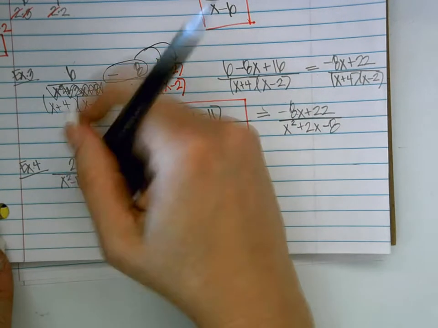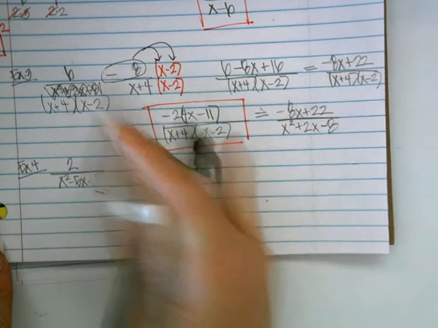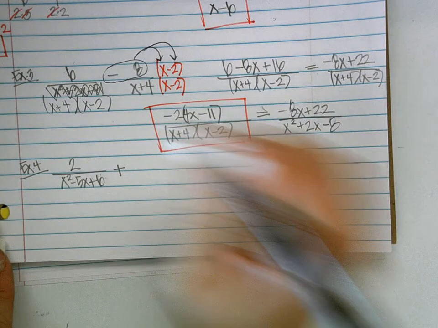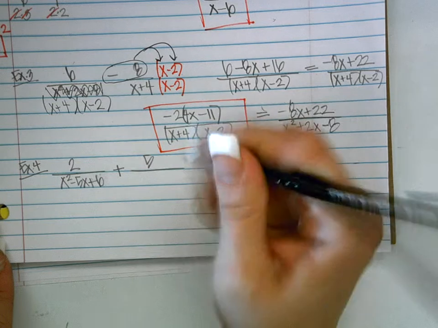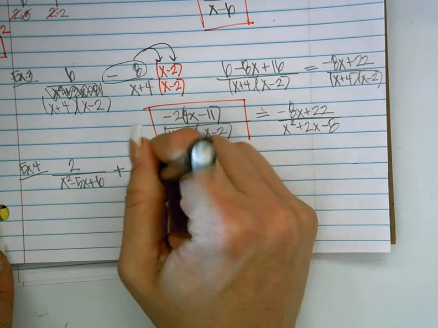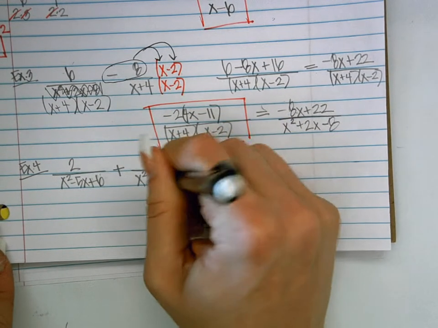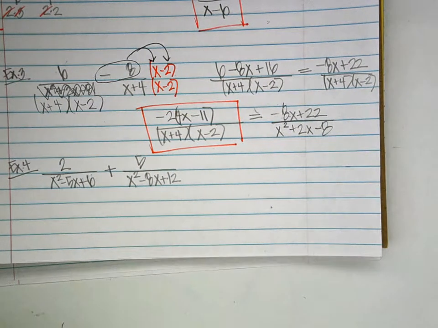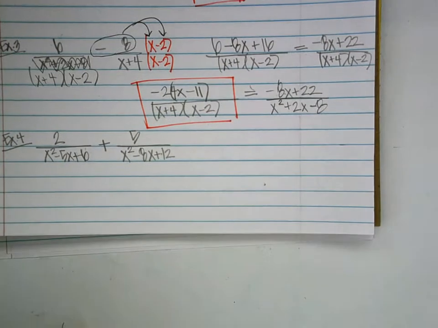Okay, so x squared minus 5x plus 6, plus 5 over x squared minus 8x plus 12. 2 over x squared minus 5x plus 6 plus 5 over x squared minus 8x plus 12.